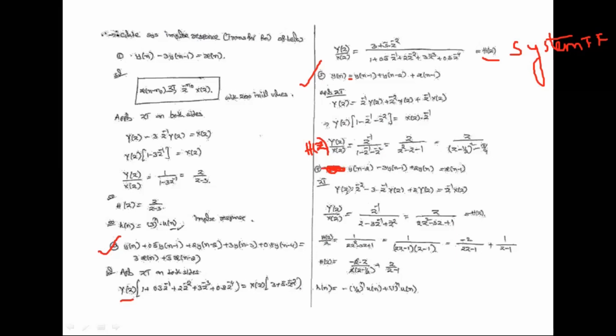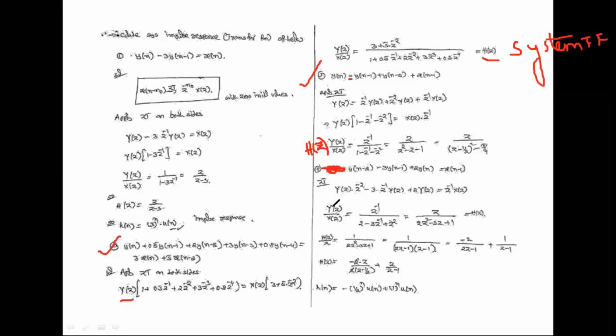Y of n minus 2 is Y of z into z power minus 2, minus 3 into y of n minus 1, whose z transformation is z power minus 1 Y of z, and 2 into Y of z, equal to x of n minus 1, whose z transformation is z power minus 1 X of z.